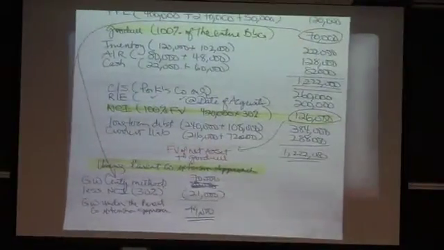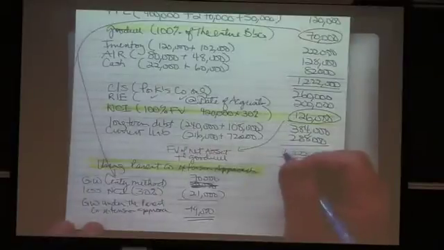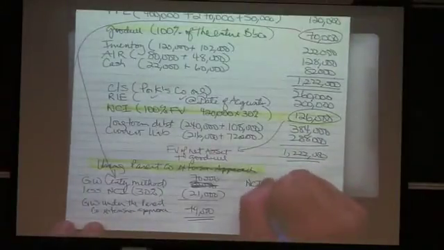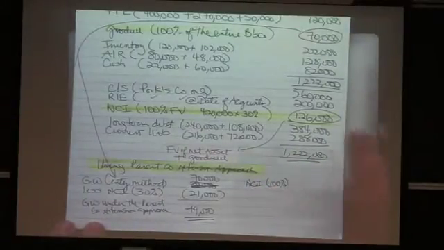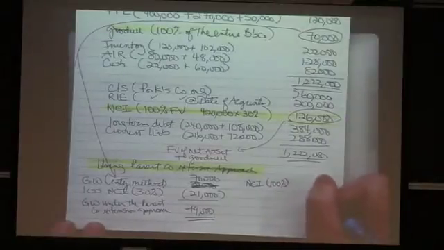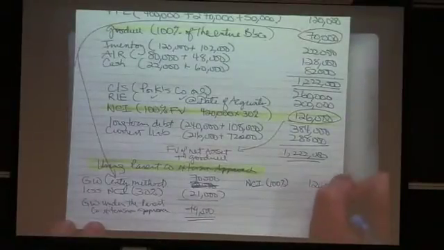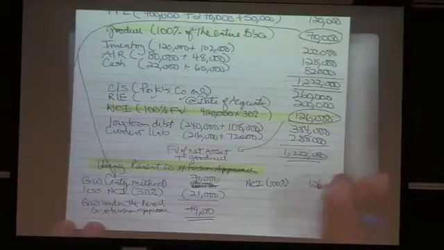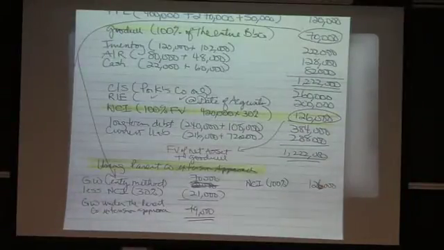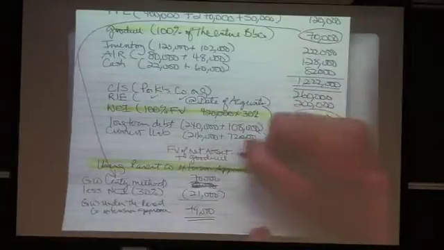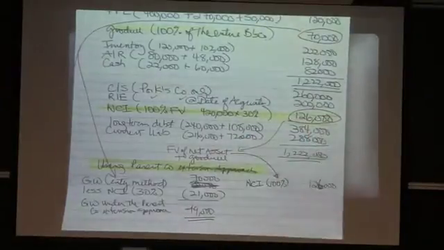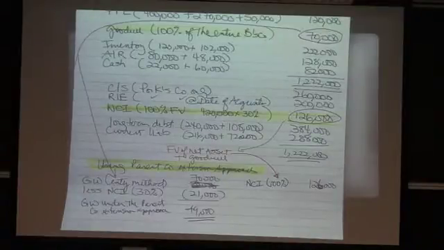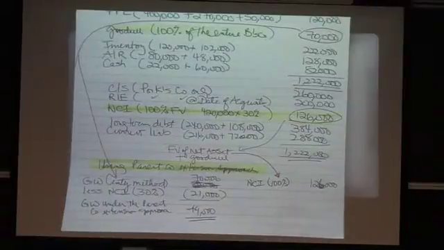Okay? Now, the non-controlling interest at 100% is this number, wasn't it? 126, right? And that's this number here. Now, remember, under the parent company extension approach, non-controlling interest should only reflect their proportionate share of the net assets.